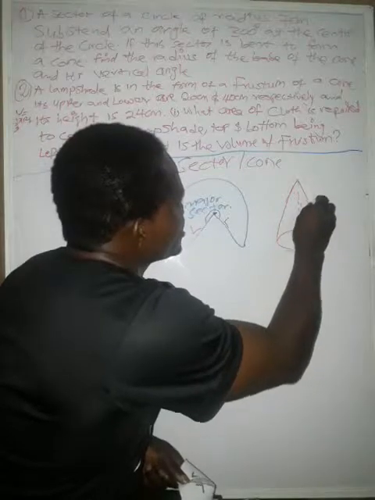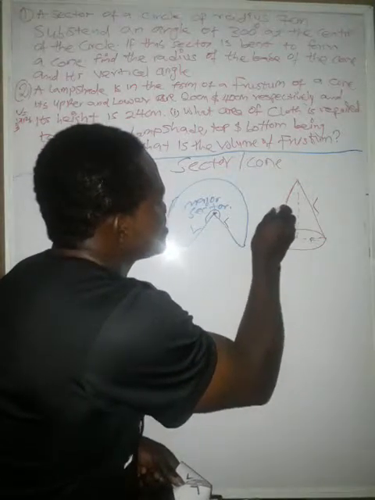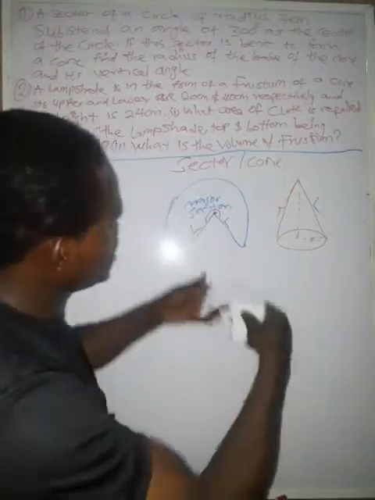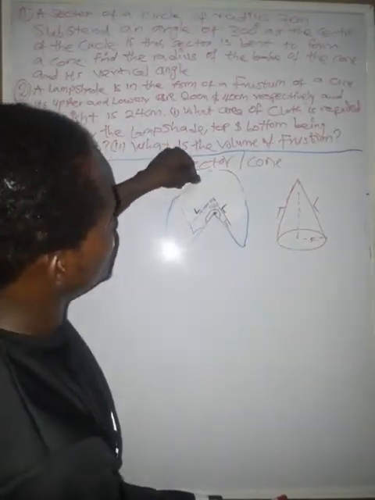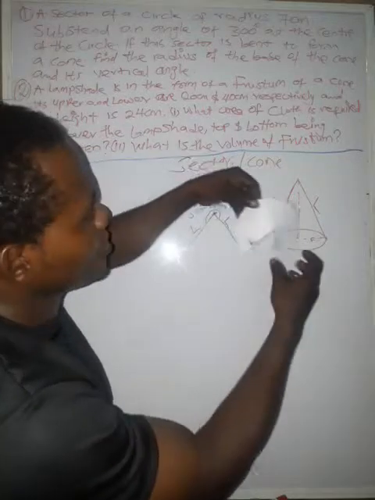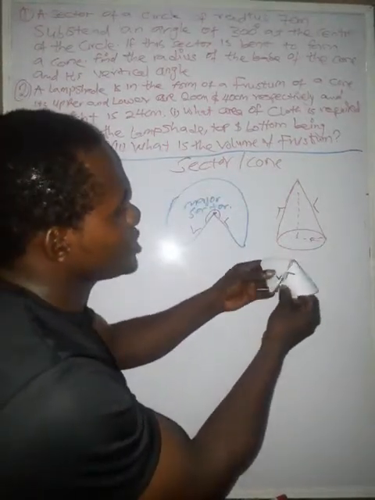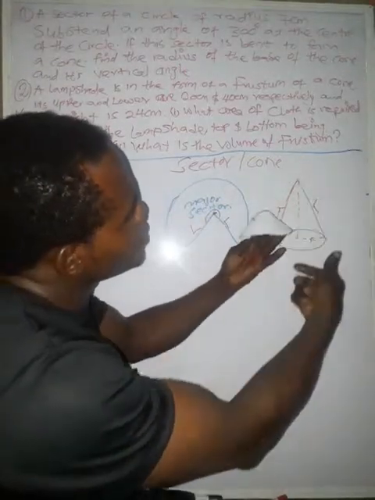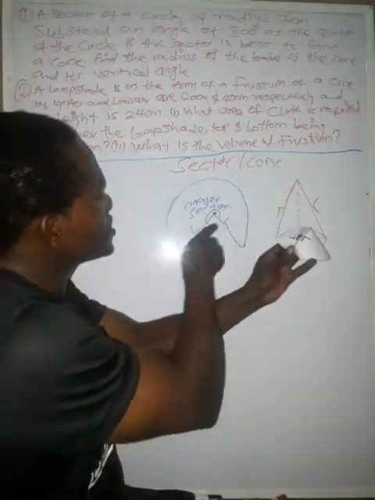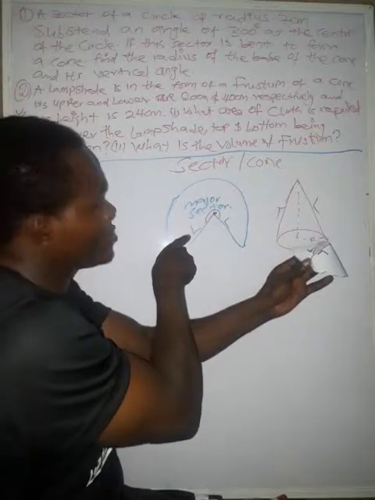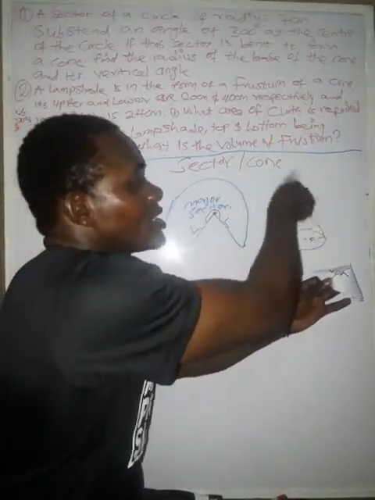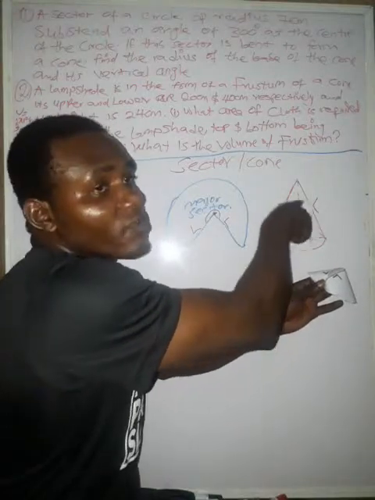So you now have the radius here as L. You can see the relationship now. A sector is folded like this to form a cone, and the slant height of the cone has become the radius of the sector. Which means the radius of the sector is equal to the slant height of the cone.